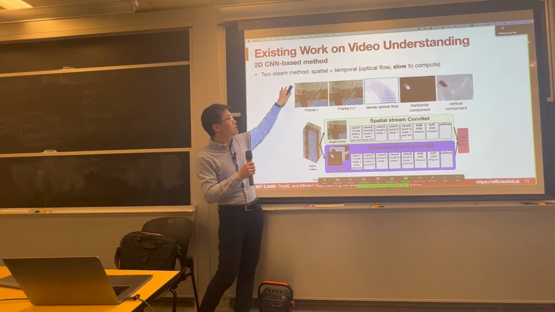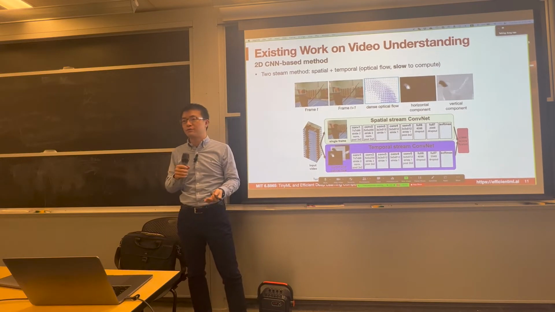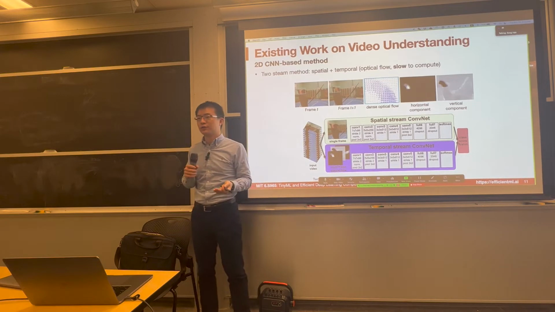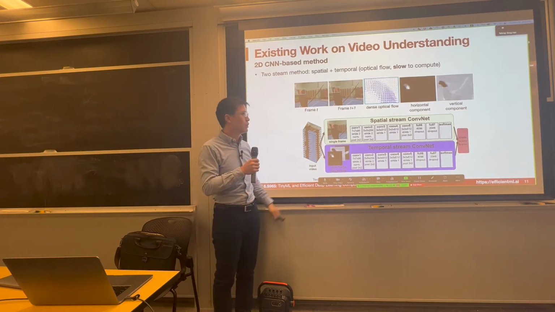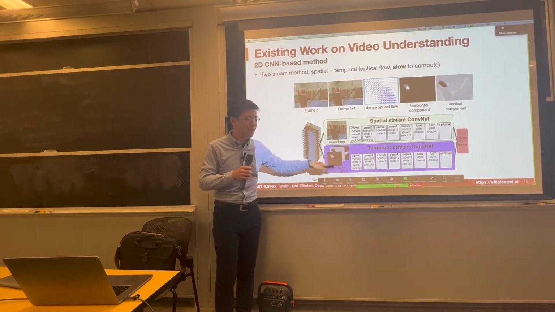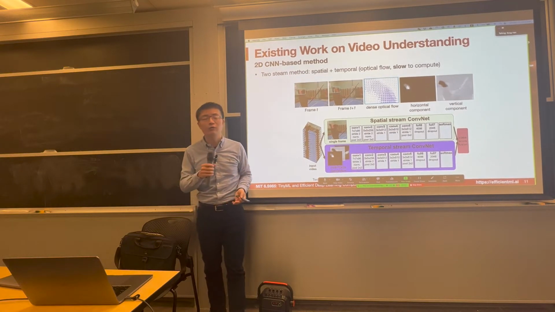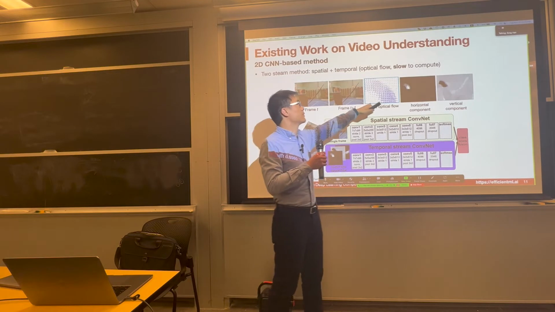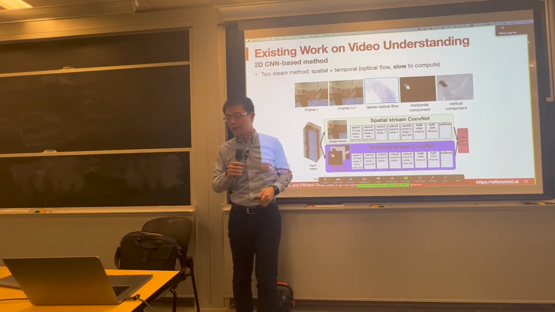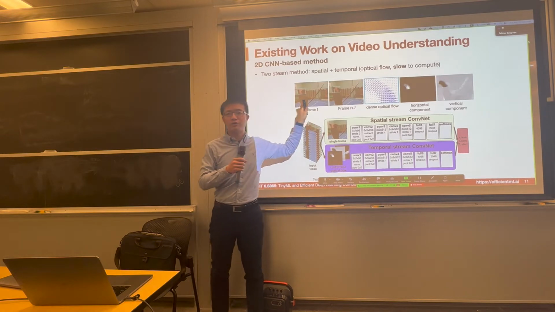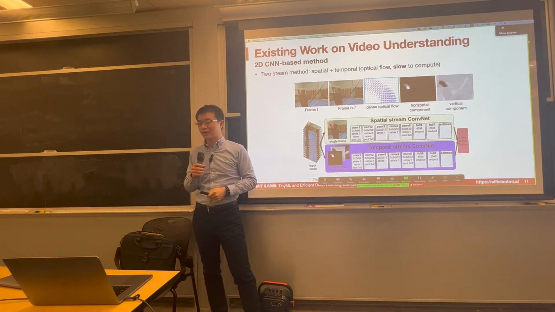Then there's another method that combines 2 streams. The first is the spatial, just the raw images. And then the second stream is actually the optical flow. So what is the optical flow? At each pixel, we have a two-dimensional tensor indicating the difference between the pixel from the previous frame and the next frame.